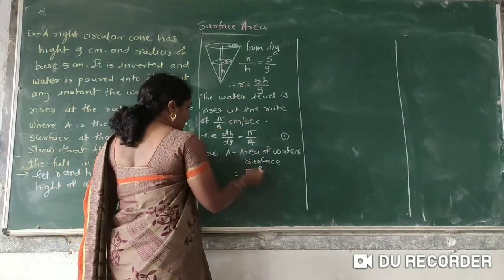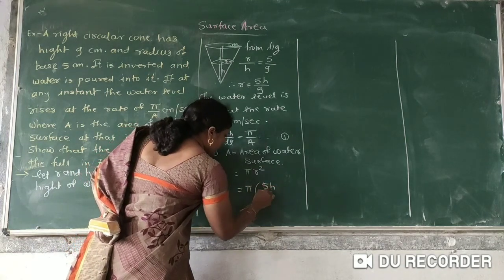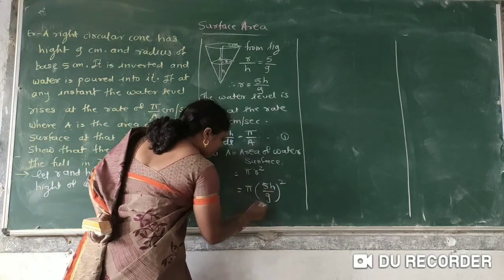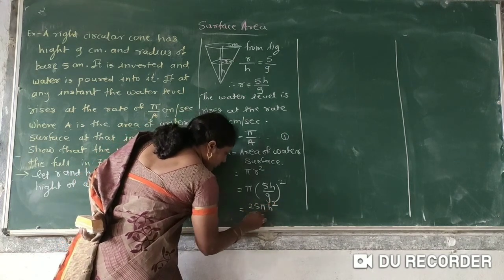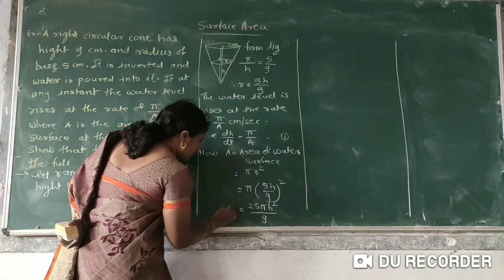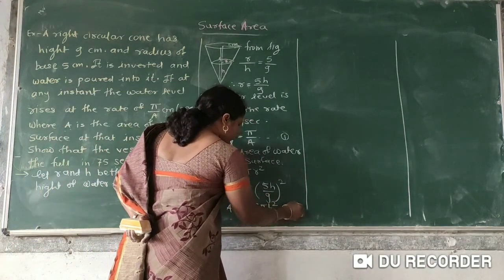Substitute the value of R, we get pi into (5H upon 9) square, that is equal to 25 pi H square upon 9. This is the area. Suppose this equation as 2.